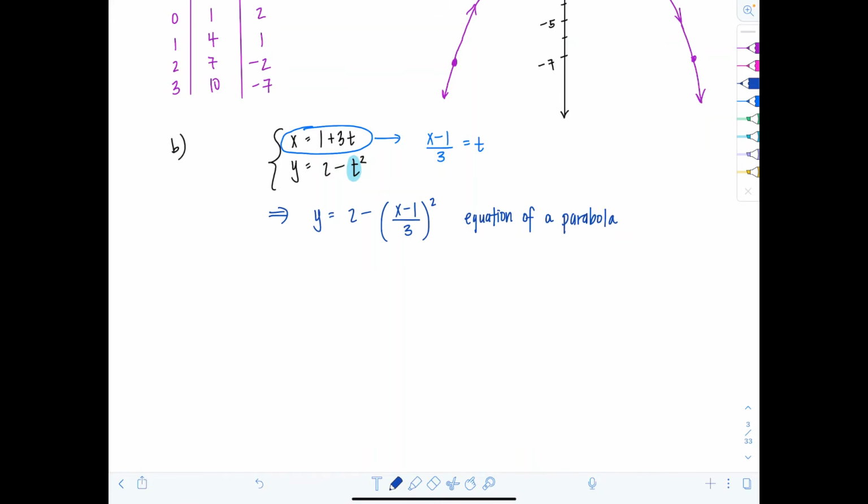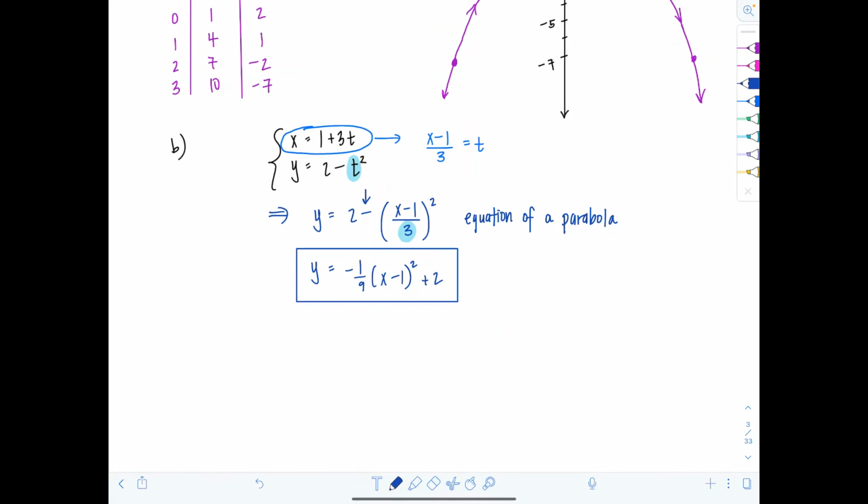If you want to rewrite this in vertex form, you can go ahead. Notice this is going to give me a coefficient of 1/9. And I still have that negative there, so that would be negative 1/9 times x minus 1 squared plus 2.